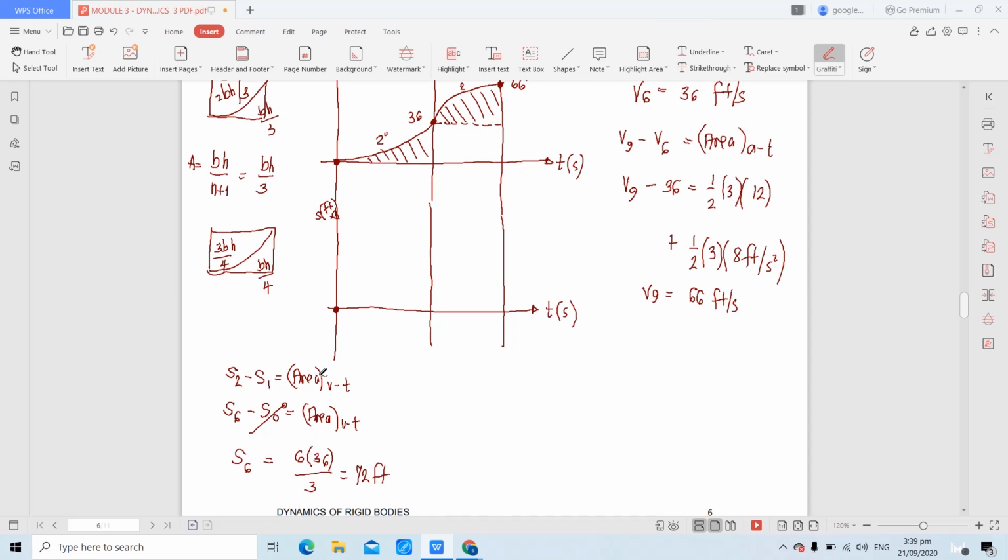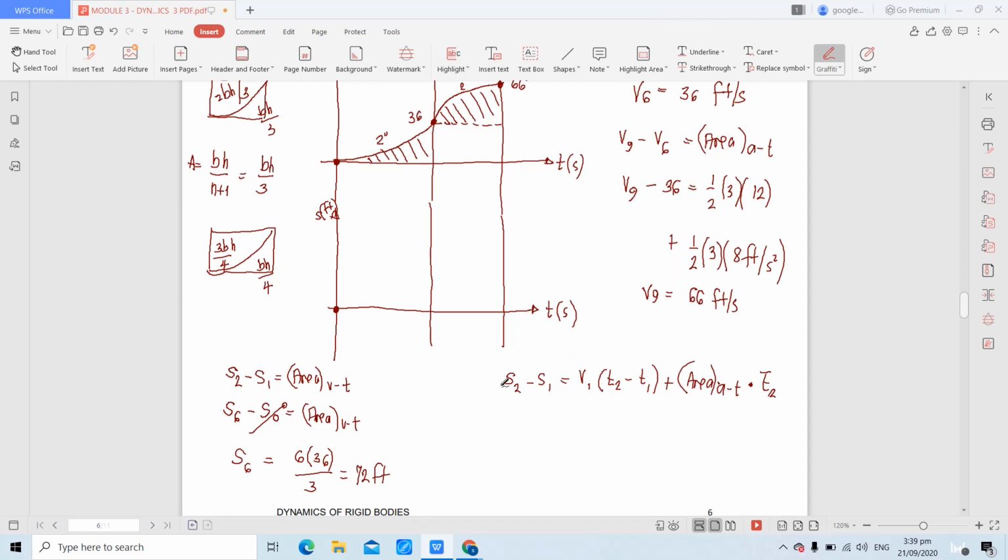So, i-check naman natin yung sagot using yung isang formula ng change in position. Ano ba yon? S2 minus S1 equivalent to V1 times T2 minus T1 plus the area of acceleration versus time graph multiplied by the distance of its centroid projected to final time.